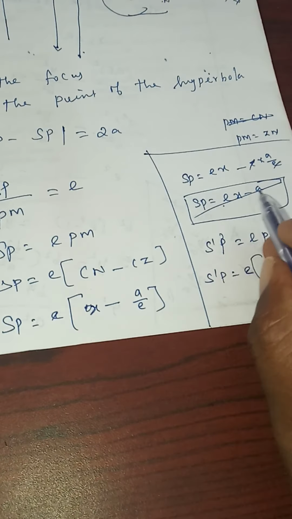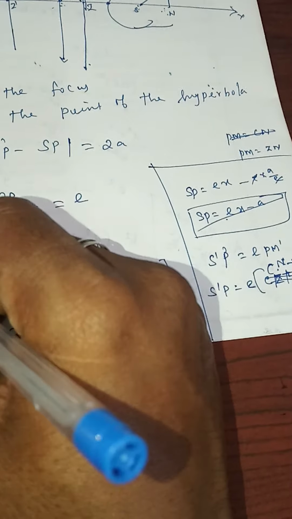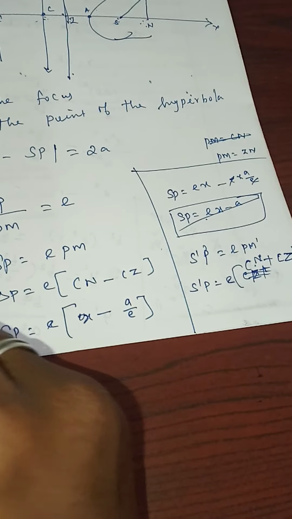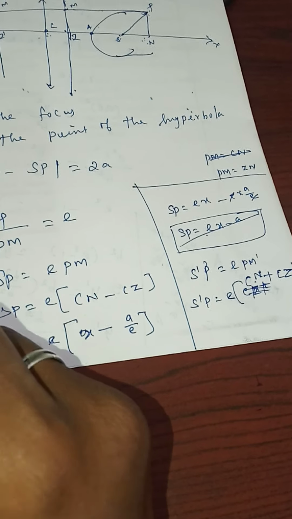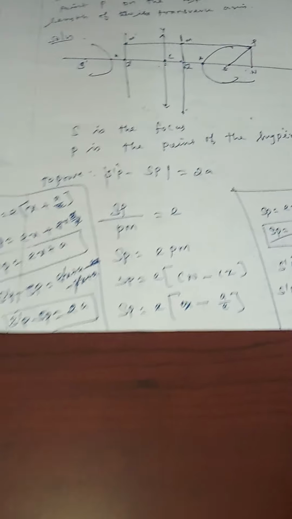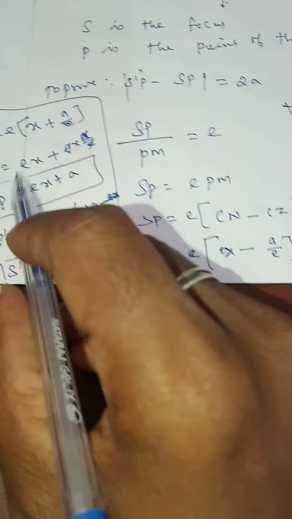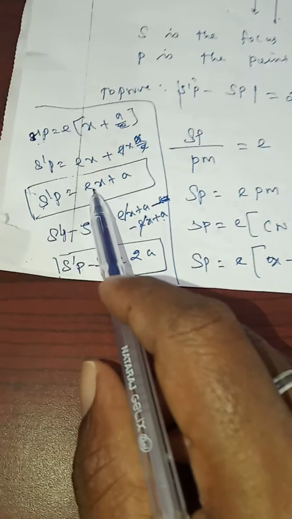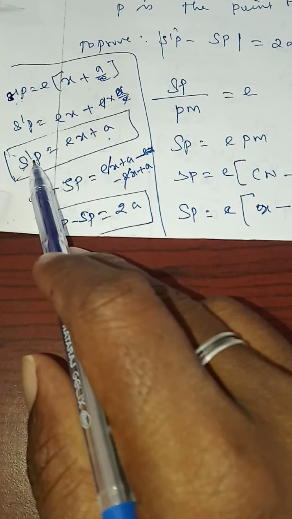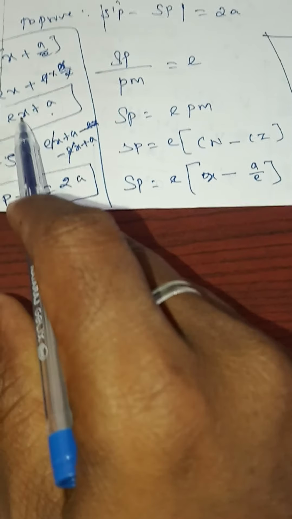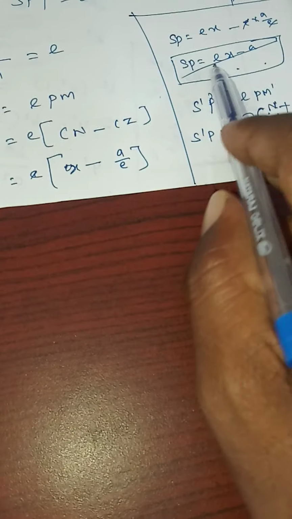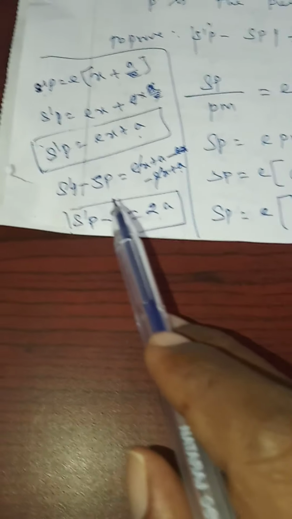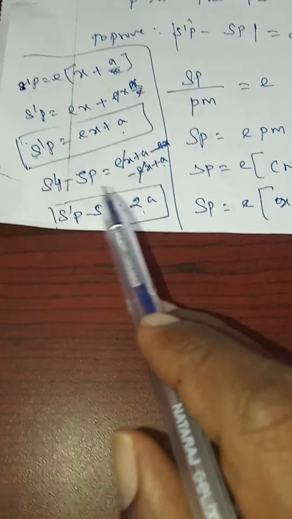The ex cancels, leaving a plus a, 2a. Hence proved. That's all. The sum is over, that exercise is over.